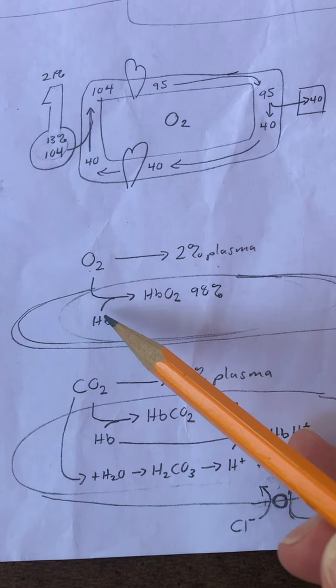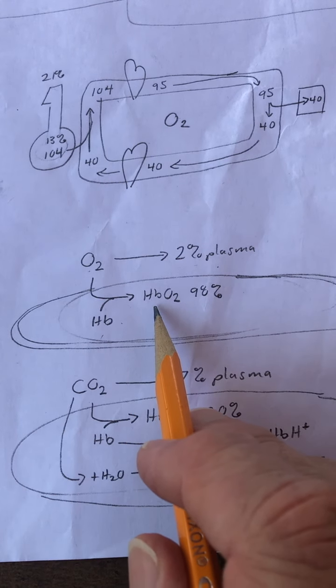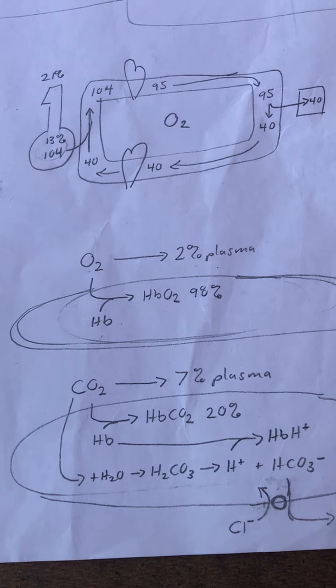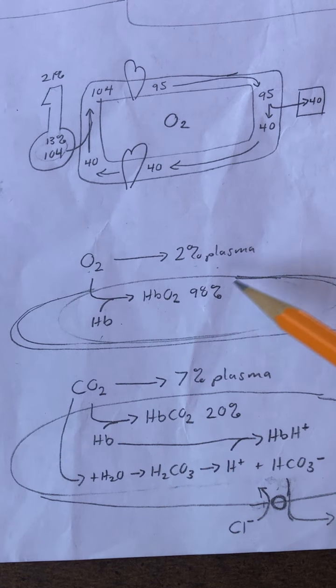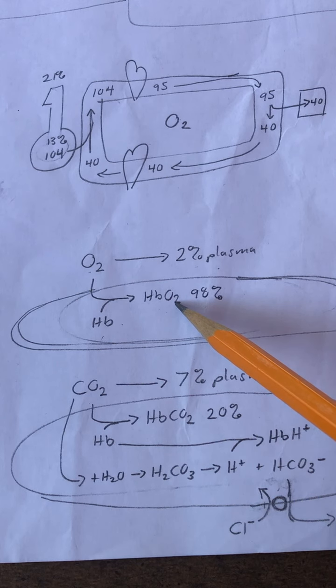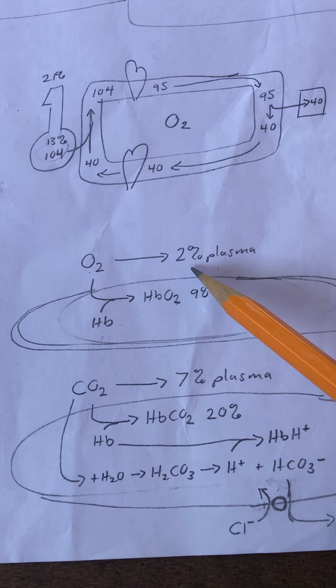However, if oxygen diffuses into a red blood cell, it can combine with hemoglobin and make oxyhemoglobin. Oxyhemoglobin is how approximately 98% of the oxygen is carried through the circulatory system. Now, this, of course, is what's happening near the lungs, where you're loading the oxygen onto the hemoglobin and dissolving the oxygen into the plasma.